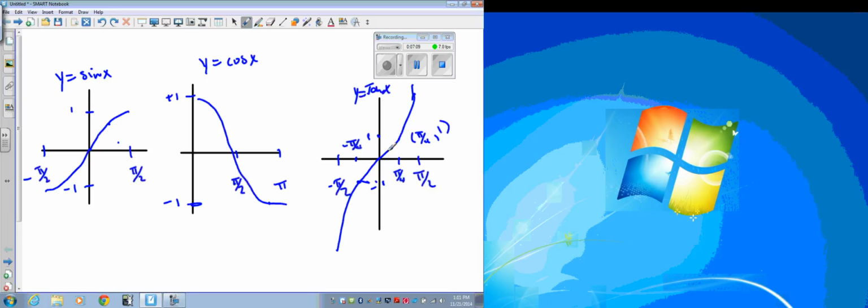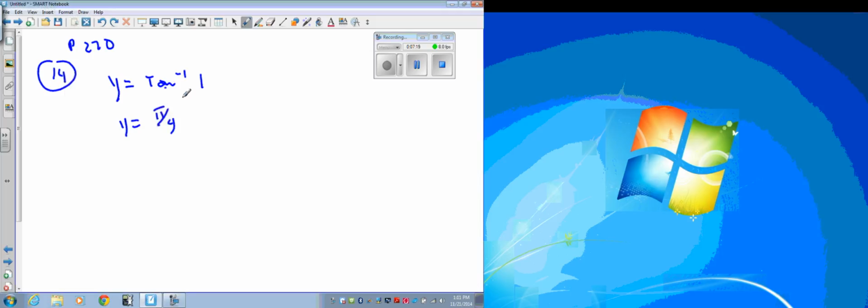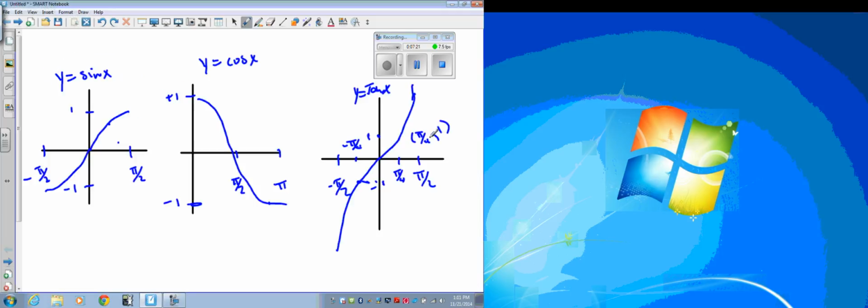See, on this function right here, if I put x is pi over 4, I get y is 1. But when I do it this way, tangent inverse, I put 1 in and get pi over 4 out. That's the inverse, because the inverse is just interchanging the x and y coordinates.